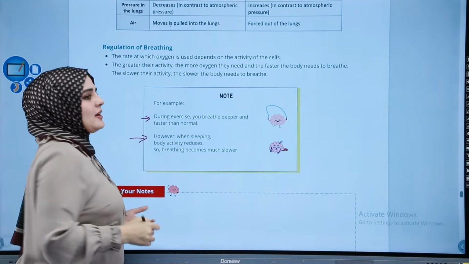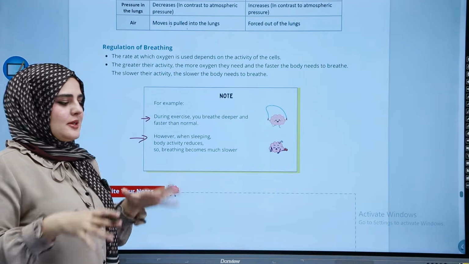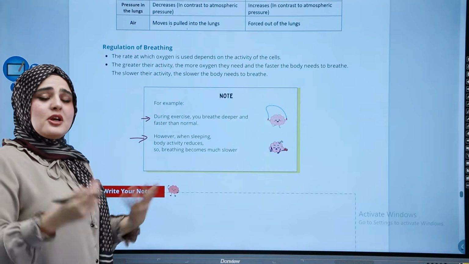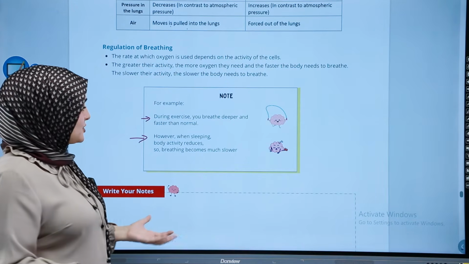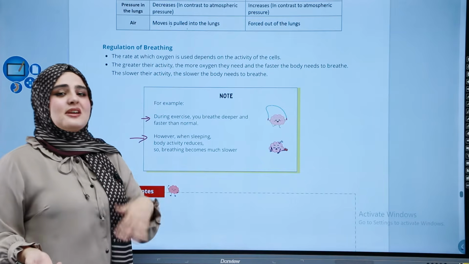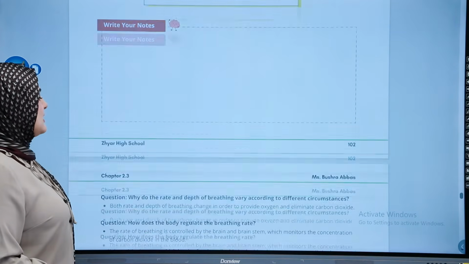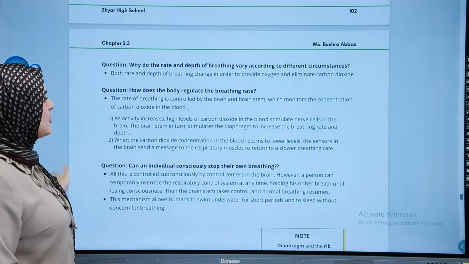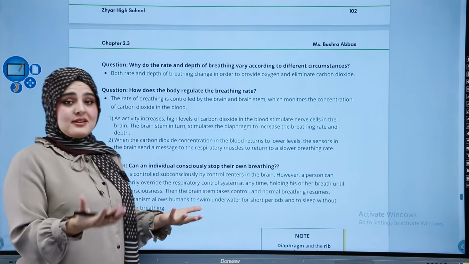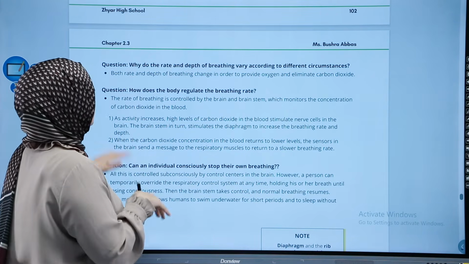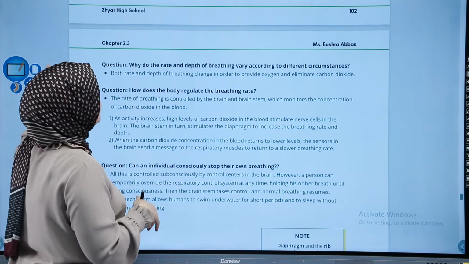But during sleeping, the activities of your body and muscles are reduced so much that you don't need this much oxygen. That's why your breathing naturally adjusts to the need. The body is smart. It's never going to consume more than needed or less than needed. It's always regulating just the right amount.